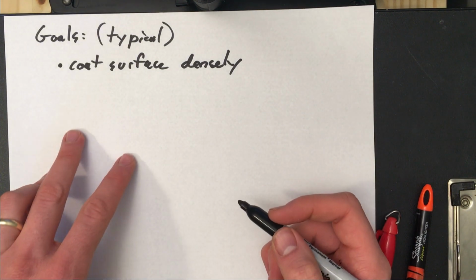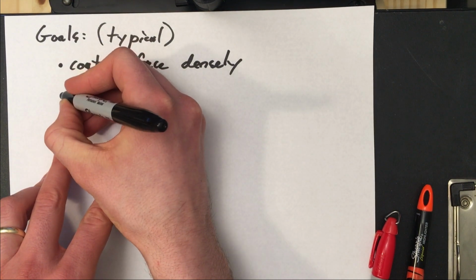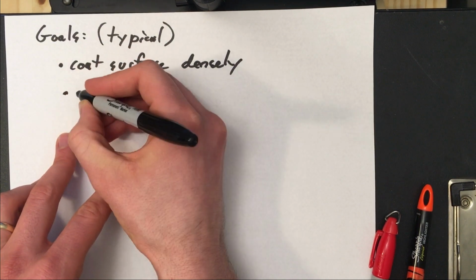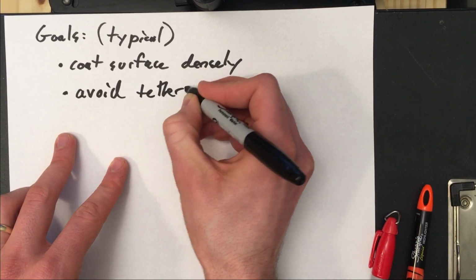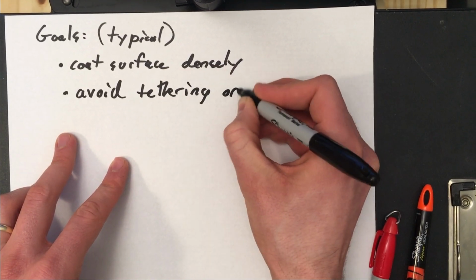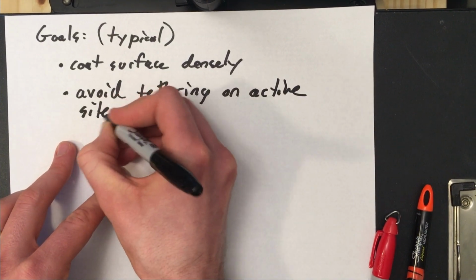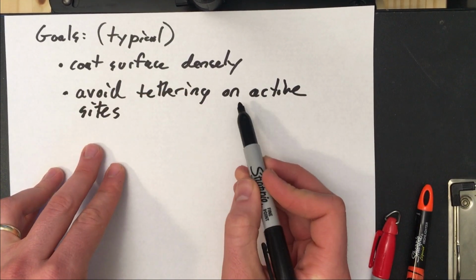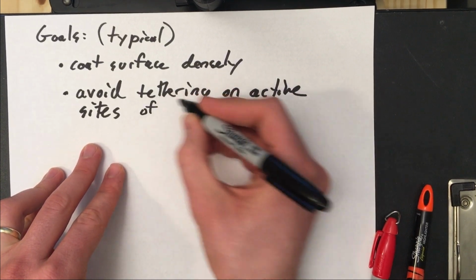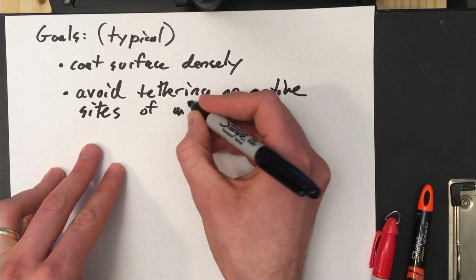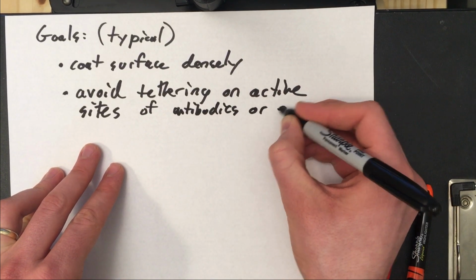The second thing is we need to avoid tethering on active sites of antibodies or enzymes.